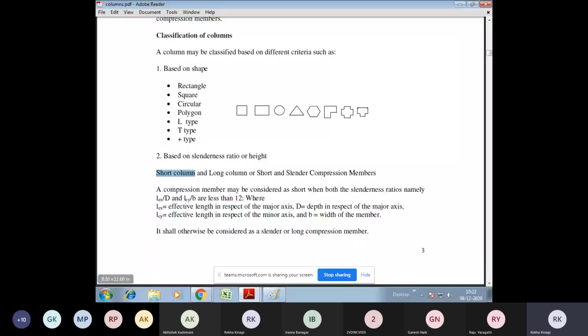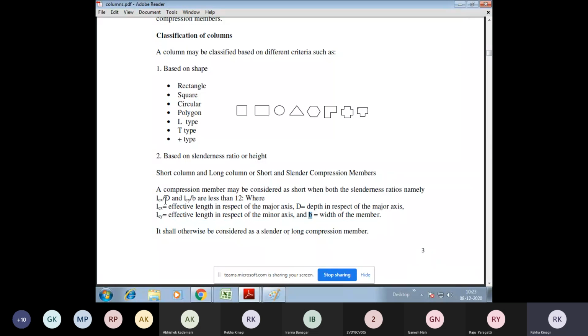So what exactly is LEX? LEX is effective length in respect of the major axis and LEY is effective length in respect of the minor axis. D is depth in respect of the major axis. Along the major axis, whatever the dimension comes, we call it D, and along the minor axis, whatever the value comes, we call it B, that is width of the member.